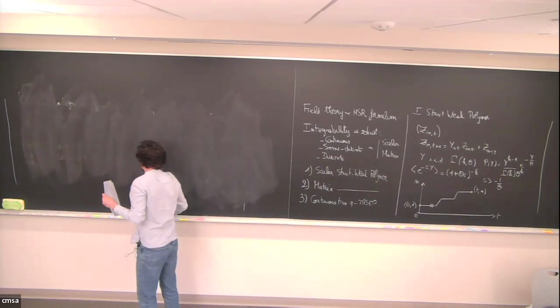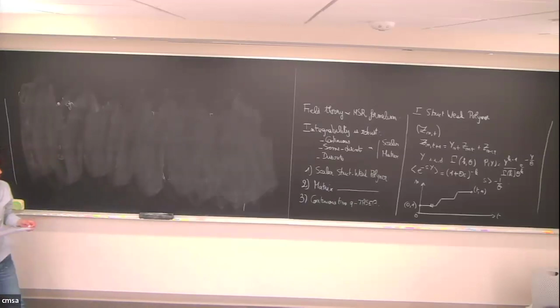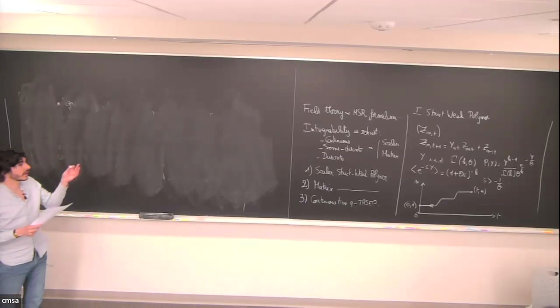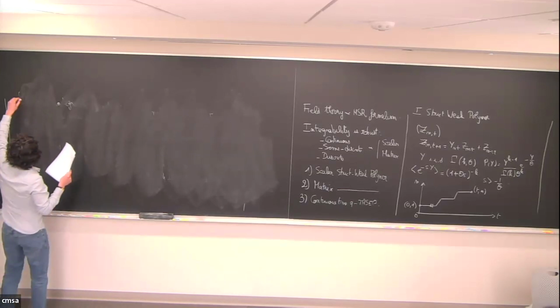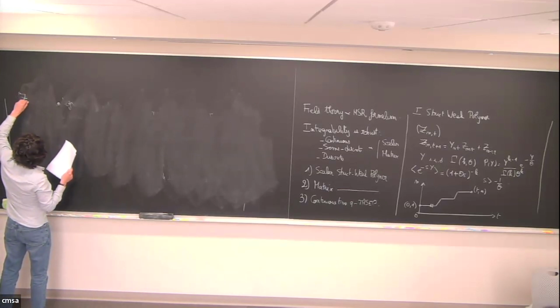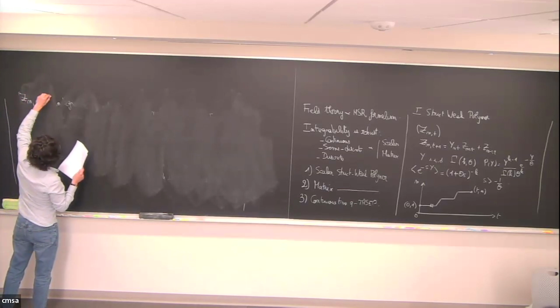When you think of such a recursion, you also have to think of an initial condition. And the initial condition I will mention today is actually a delta initial condition in discrete space. So I will choose the partition function at t equals 0 to be a delta function at a single site.